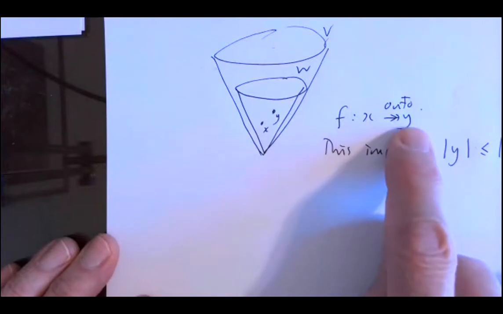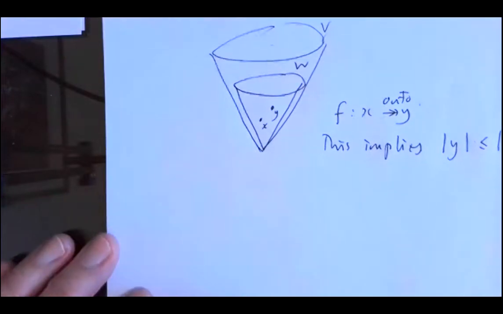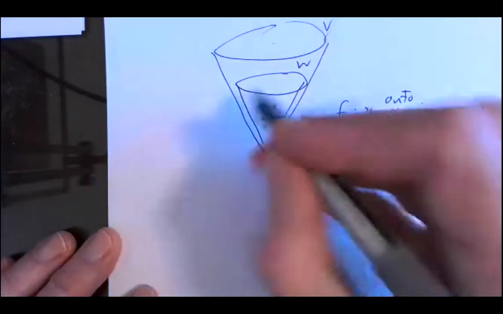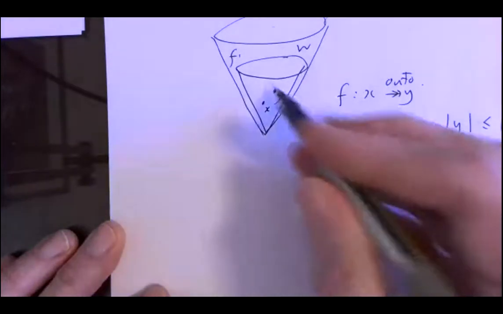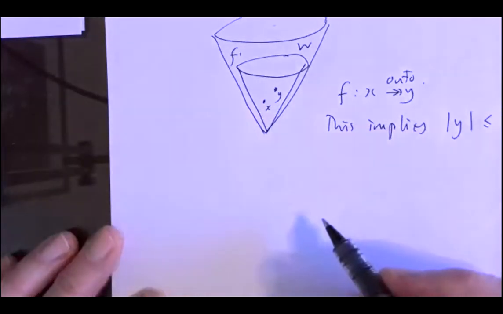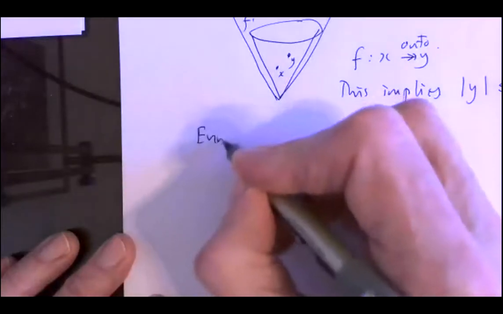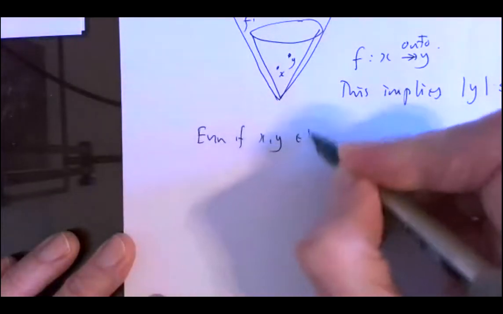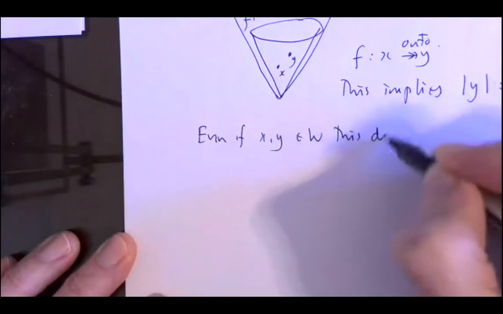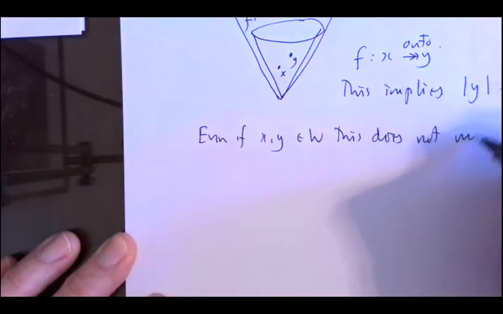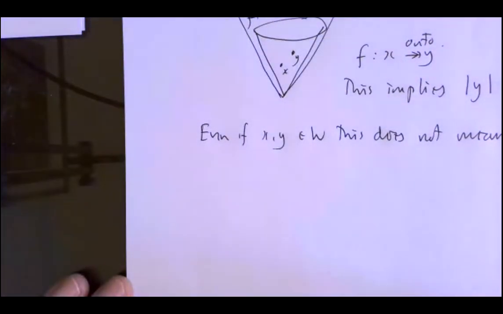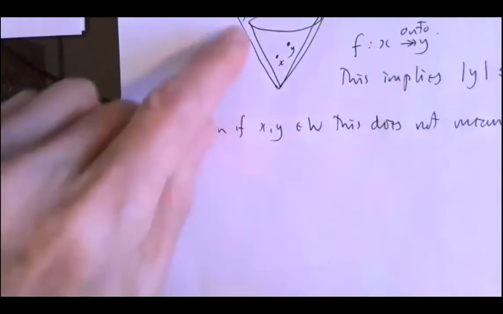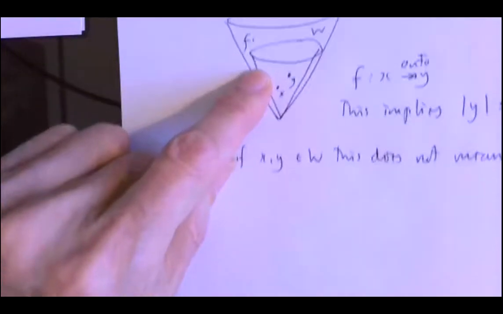So Y can't have a larger cardinality than X. But of course, this F could exist somewhere outside in V. F needn't be in W, even though X and Y are in W. Again, nothing to do with whether W is a model of ZF minus or not. It's just a question of what things there are inside W.